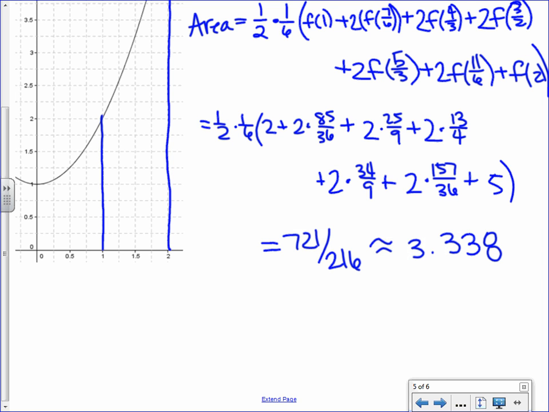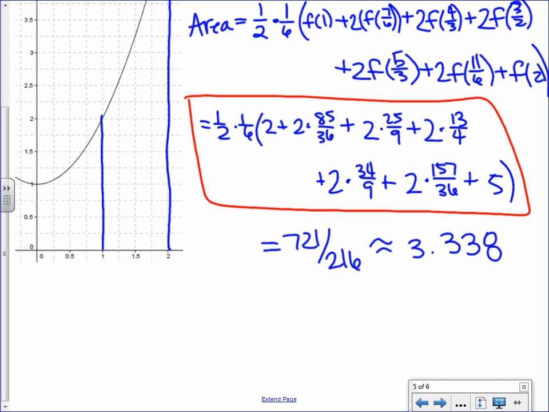Once again, you need to at least have this written down. That way, if you type it into your calculator incorrectly, you can at least get partial credit for having it set up right. The actual area under this curve is 3 1/3. Pretty close, isn't it?